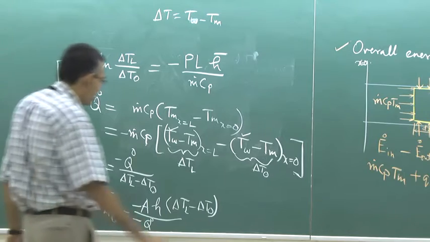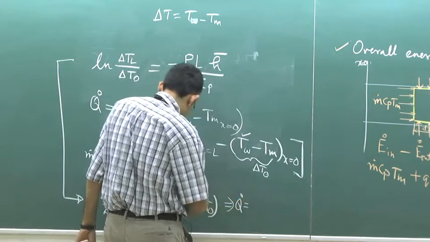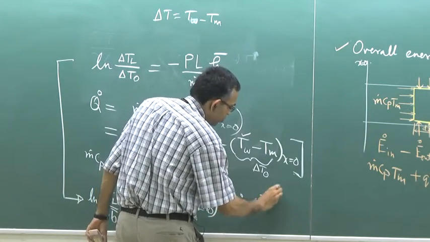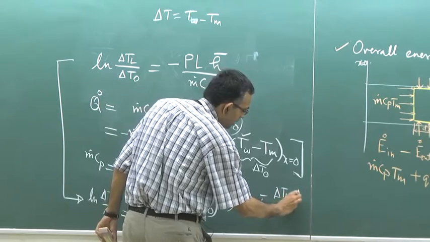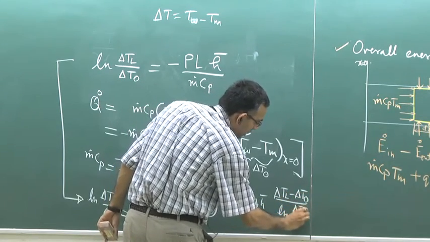So q dot is equal to A into H average into delta TL minus delta T0 by ln of delta TL by delta T0.